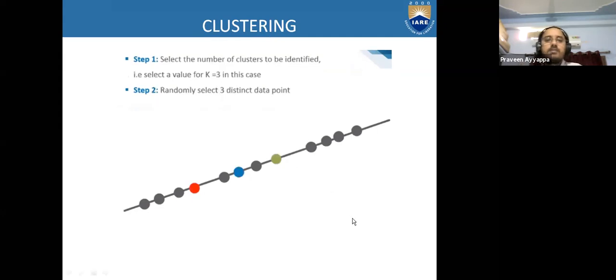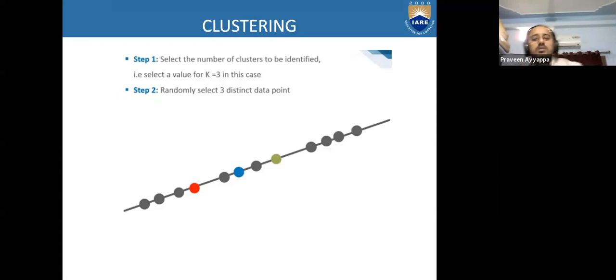Next, select the number of clusters to be identified, that is select value k equal to 3, which we have already done. And next, randomly select 3 distinct data points. So I want to randomly select from a given set of data points 3 distinct data points, because I want to arrange these 12 data points in the form of 3 different clusters. So how can I do that?